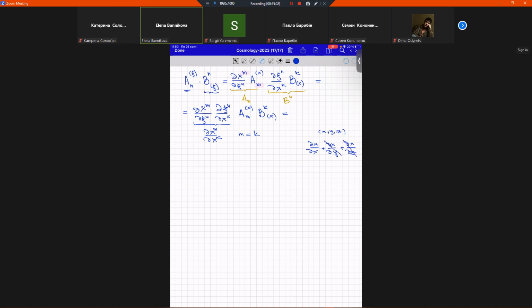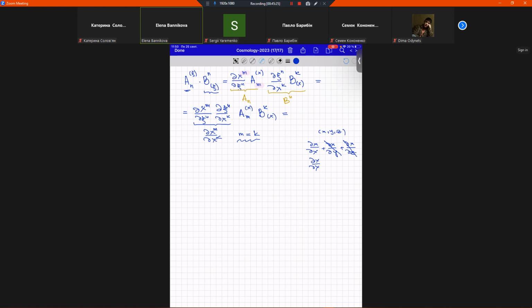So we will have only the summand which is d by dx or dy by dy or dz by dz. So we will have only the component, the derivative, which satisfies the condition that m equals k.